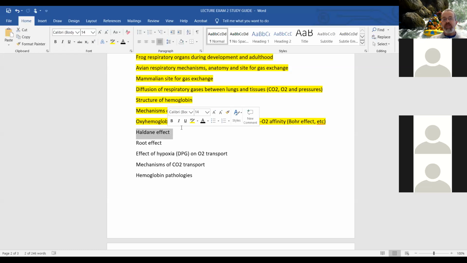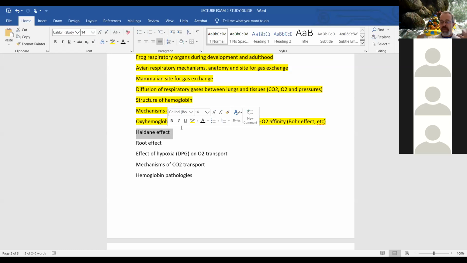So this allows CO2 to be released into the lungs. That's the Haldane effect. It uncouples from hemoglobin. Whereas with the Bohr effect, oxygen uncouples from the hemoglobin at the tissues, right? So two different effects that really show the uniqueness of hemoglobin, how it responds to changes.